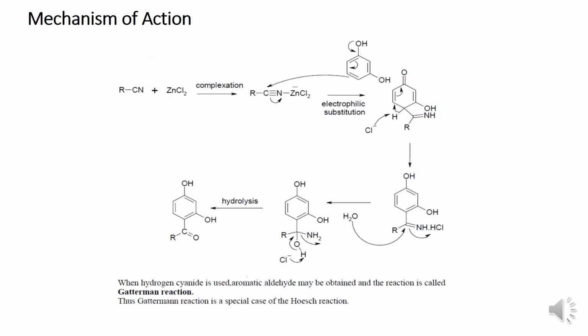Now let us move on to the mechanism of action. The Hoesch reaction is carried out in the presence of Lewis acids. Here a Lewis acid means one which accepts a lone pair of electrons from the molecule.